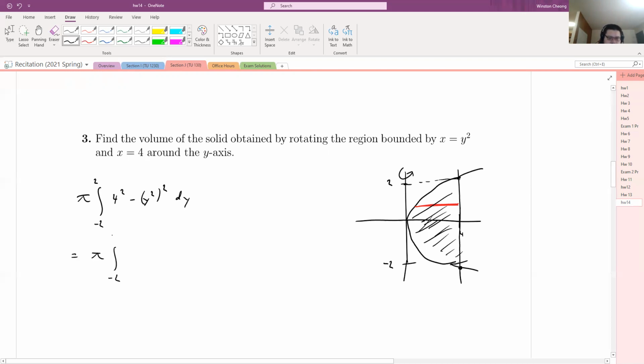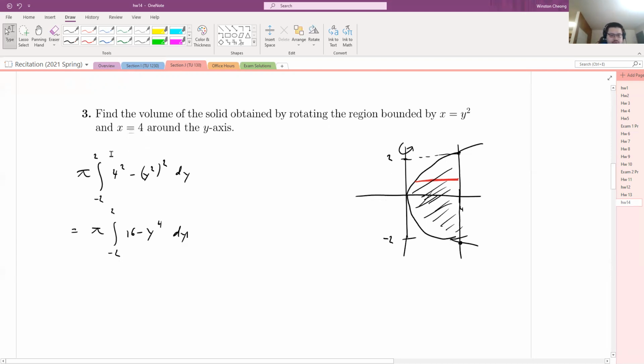But if you're ever checking things, say on an exam, it's usually better to not skip that many steps, so to show more work than normally necessary. Okay, so there we go. And we just integrate this guy. So pi, 16y minus y to the 5th over 5, evaluated from -2 to 2.